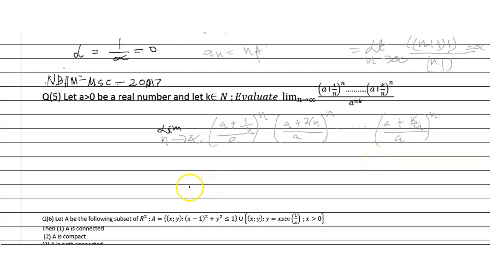It can be written as limit n tends to infinity of (1 + 1 by (an))^n (1 + 2 by (an))^n ... (1 + k by (an))^n, and that equals e to the power 1 by a plus 2 by a plus ... plus k by a, which equals e to the power k(k+1) by 2a. This is my answer, friends.